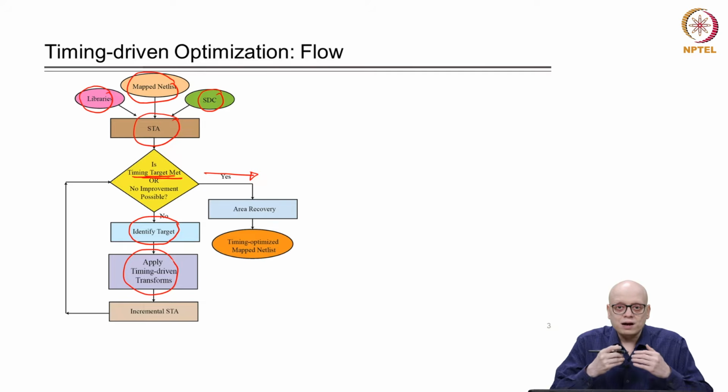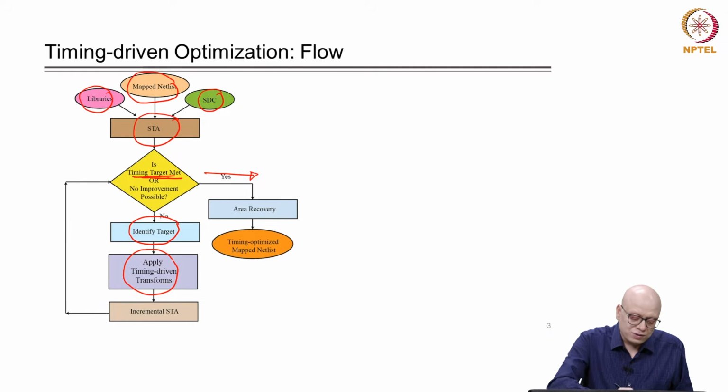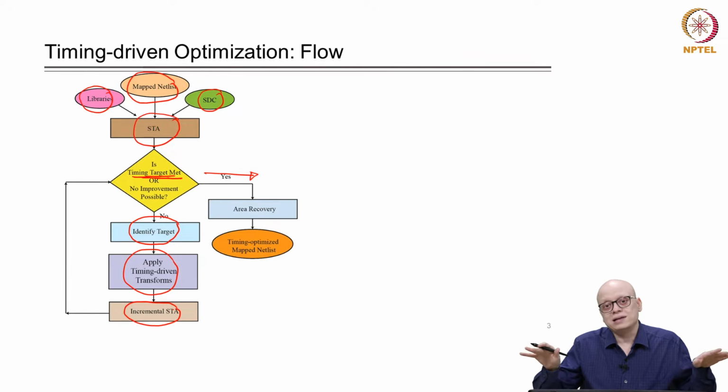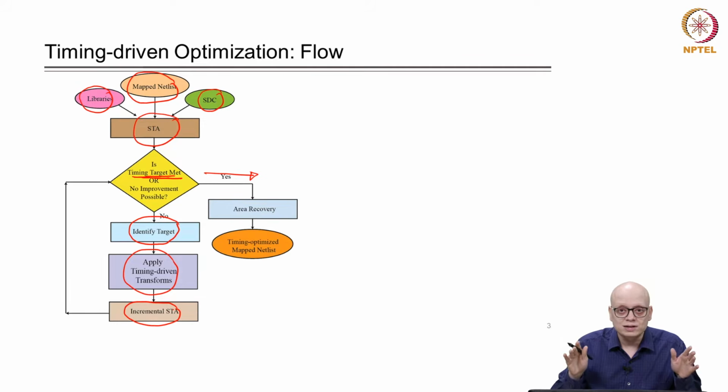Once we have applied the transformation, we carry out incremental STA, or incremental static timing analysis. What does incremental static timing analysis do? It carries out timing analysis in only a small part of our circuit. Our circuit may consist of, say, millions of gates, but we have made some small change in, say, one of the logic cones in our circuit. We will not want to carry out STA for the complete design, which will take a lot of run time.